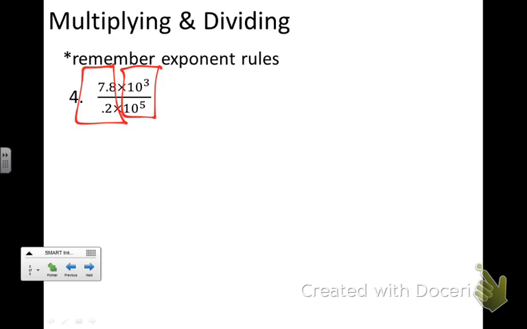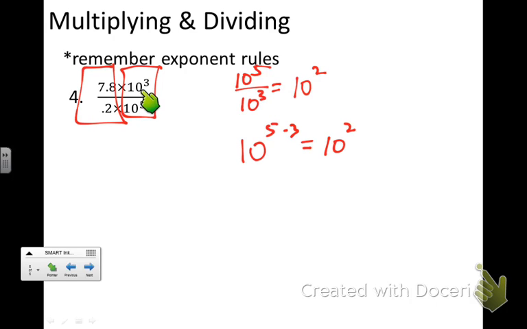So let's review real quick. Let's say I had this problem. Don't write this down. Right? Simplify it for me. What do we get? All right. Now, the shortcut would be I take 5 and 3 and I subtract. So it's really 10 to the 5 minus 3, which makes sense? Okay? But if I look at this problem, it's the opposite order. So 10 to the 3rd is on top, 10 to the 5th is on bottom.